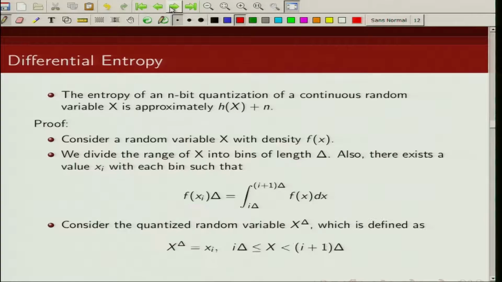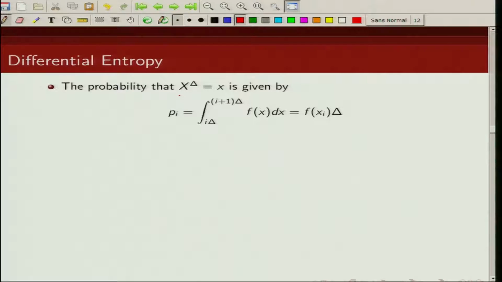Then we consider a quantized random variable, which we call x delta, which is equal to xi if x lies between i delta and (i+1) delta. The probability that x delta is equal to xi is then given by the integral of f of x dx over this interval i delta to (i+1) delta, which by the mean value theorem is given by f of xi times delta.